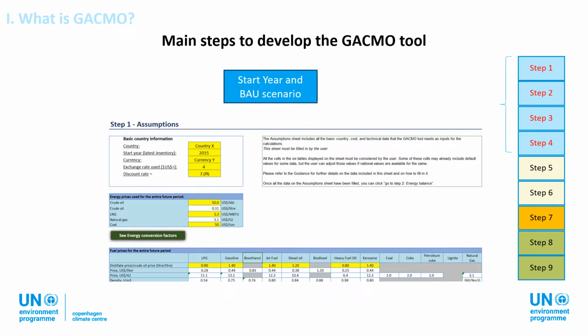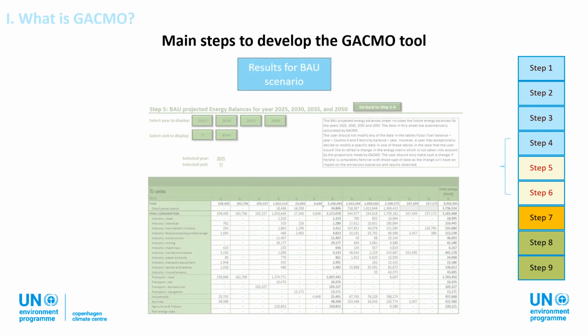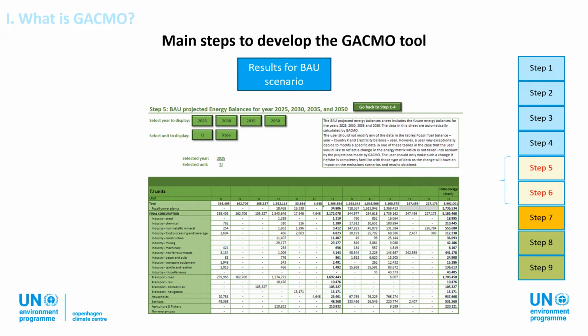In the steps from 1 to 4, user provides all the input data related to the start year and business as usual scenario for his or her own country, such as country name, currency, start year, exchange rate, fuel prices, grid emission factor, etc. Following the steps 1 to 4, user can view the results for the business as usual scenario in the steps 5 and 6.